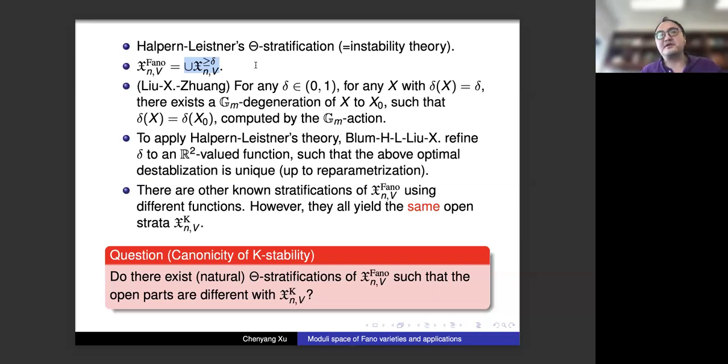Because in GIT, if you change the linearization, it's not just the stratification that changes. Of course, the semistable open loci often differ from each other. But for this intrinsic theory for Fano varieties, even though there might be different stratification structures, the open part always yields the same one. I find that quite mysterious and quite spectacular.